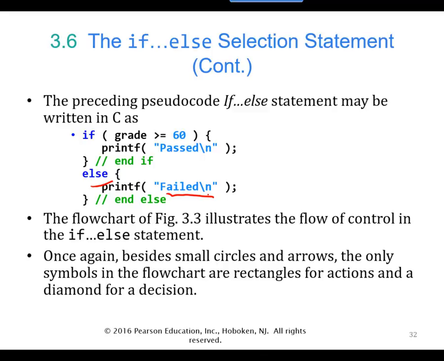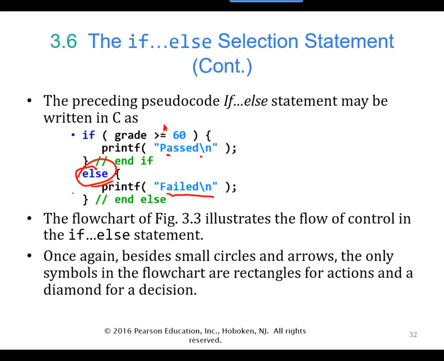Did they fix something here? So if this is evaluated as true, we print pass. If it's not evaluated as true, the opposite of true is false. In this case, the grade is less than 60. We want to print fail. So we have the else.